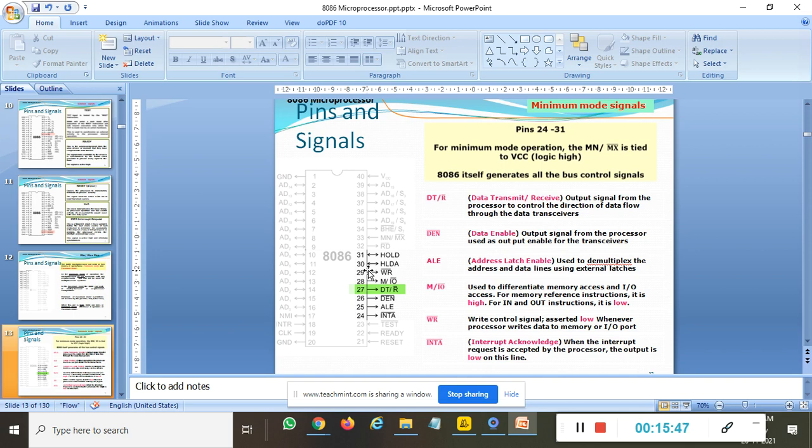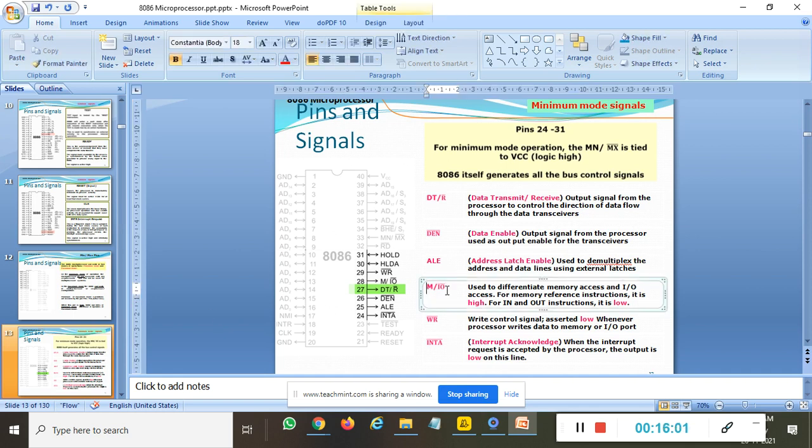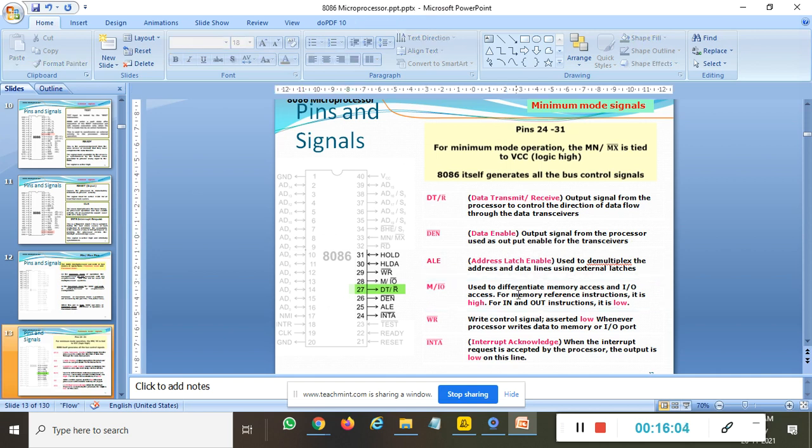This signal is used to differentiate memory related operation or memory access from IO related operation or IO access. For a memory reference instruction, it is high.